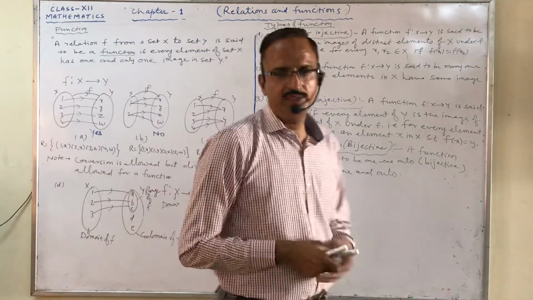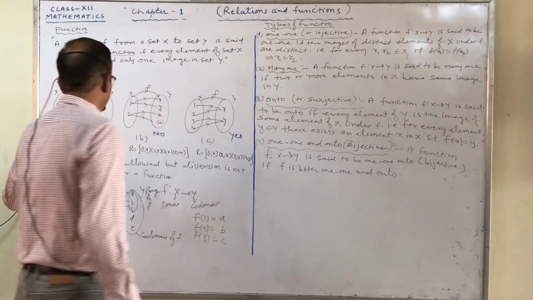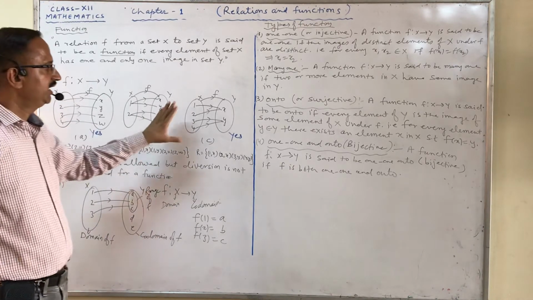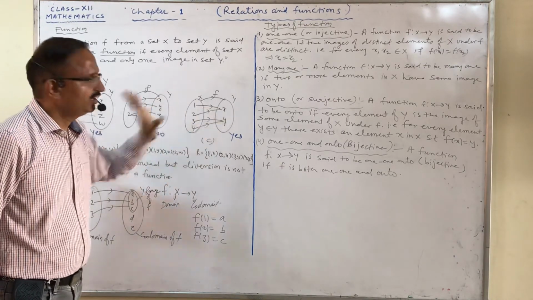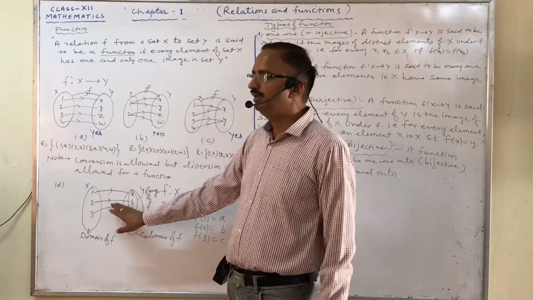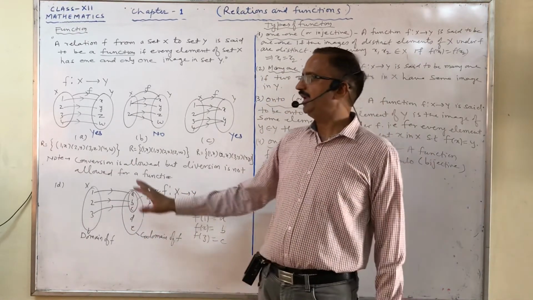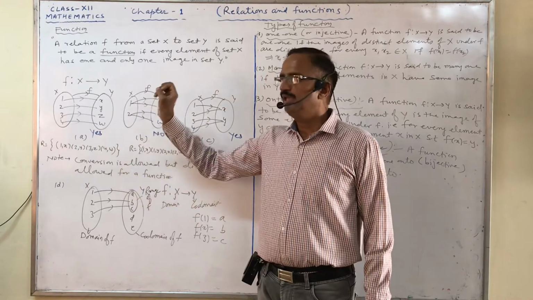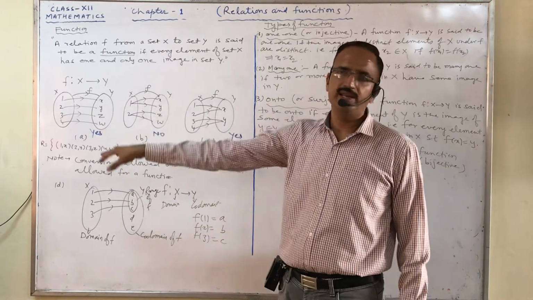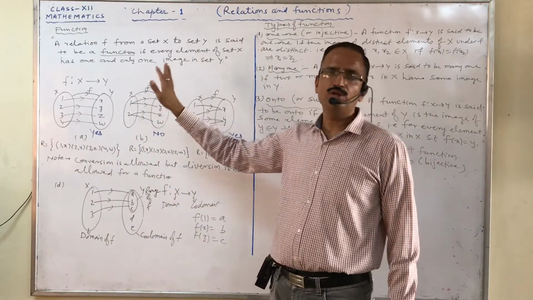Okay, in this way we can say that this is a one-one onto function, this is a many-one onto function, this is one-one but not onto. If any element of set Y is blank or not associated with any element of X, then we can say that the function is not onto.